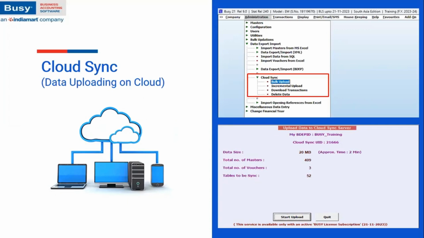There is no problem. It also shows the number of masters, number of vouchers, tables to be synced, etc. And once you press the start uploading button, it starts to upload the data to the cloud server. So this is the cloud sync mechanism in Busy.